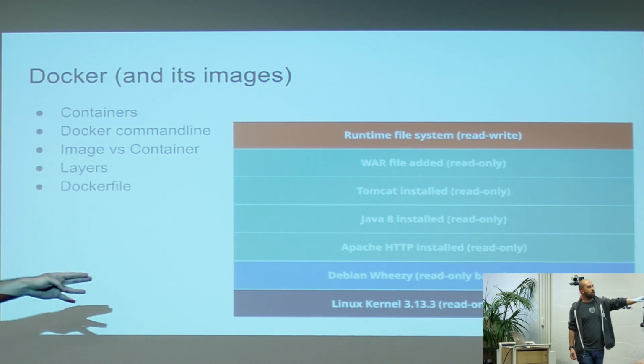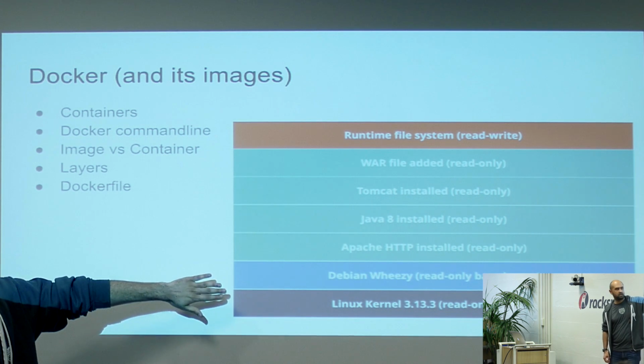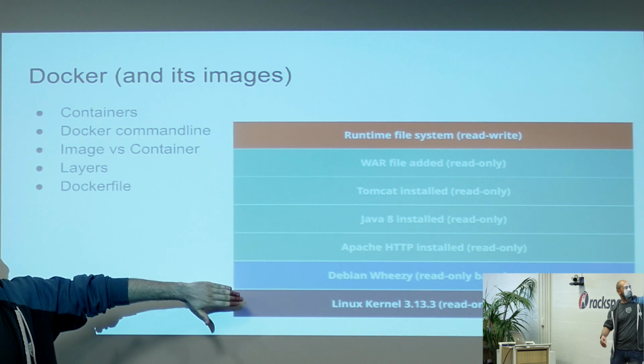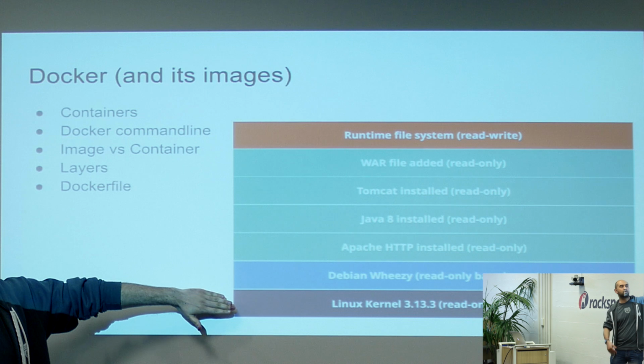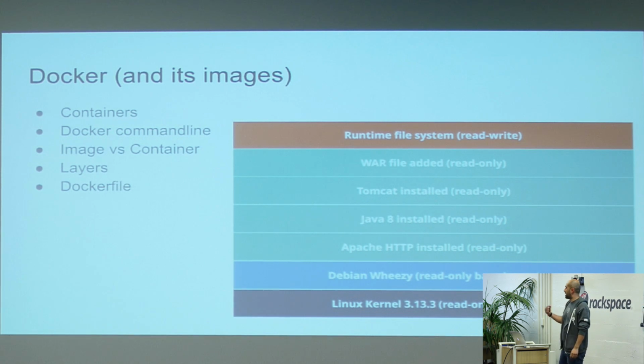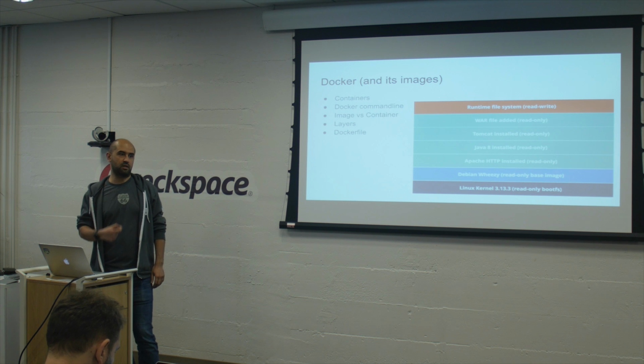Each one of them is read-only. Every time there's a line in the Dockerfile, you end up adding another layer on top of each other.